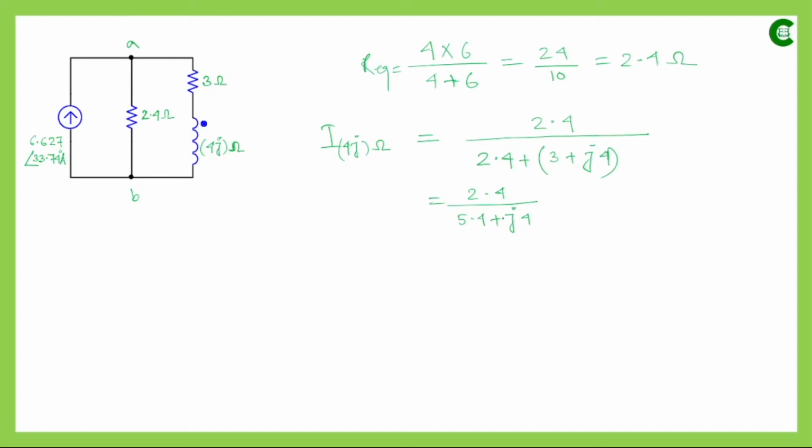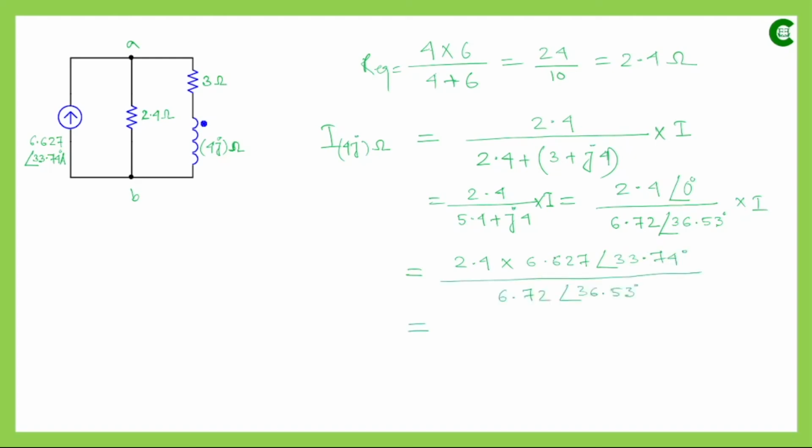So what we have to do is represent both the values in polar form. So it will be 2.4 angle 0 degree, and if we convert this value into polar form, then here we have to put the value of the current, which is 6.627 angle 33.74 degree. So now if we multiply these two values, now in the denominator we have values which are given in polar format.